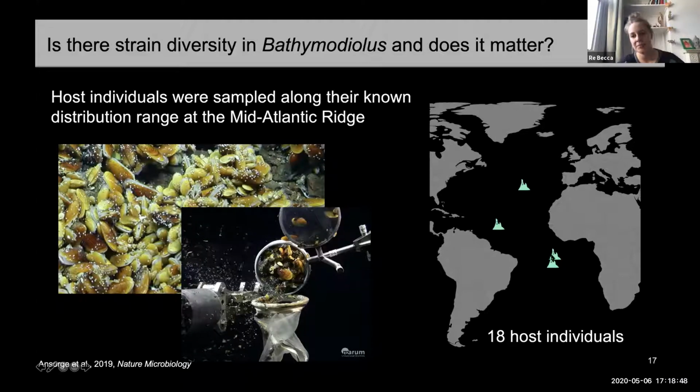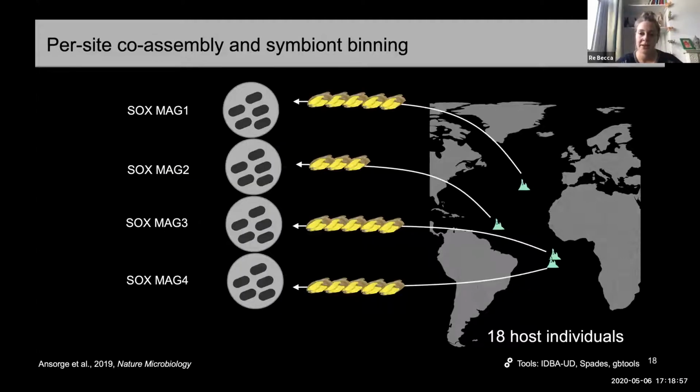So we collected animals from 4 different hydrothermal vent sites, and in total we included 18 host individuals in this study. What I then did was, for each of those vent sites, we sequenced the metagenomes of the symbiont carrying organ, the gills, and I took all the metagenomic reads, combined all the reads from one single site, and did a co-assembly of the metagenomes.